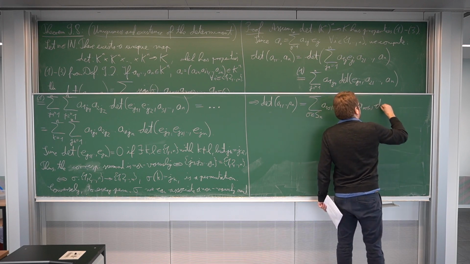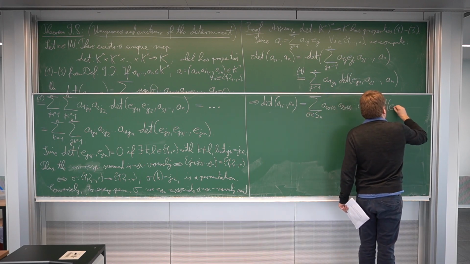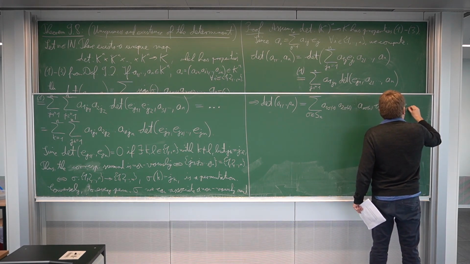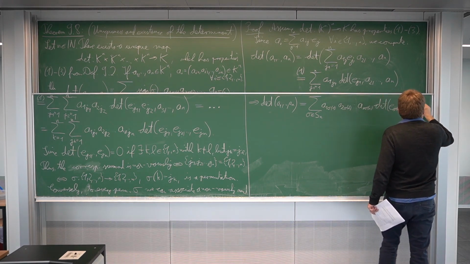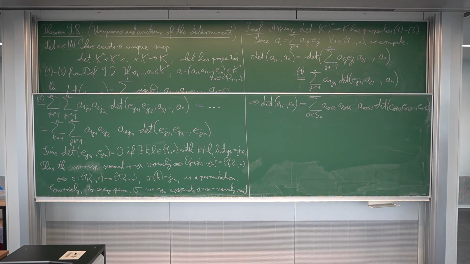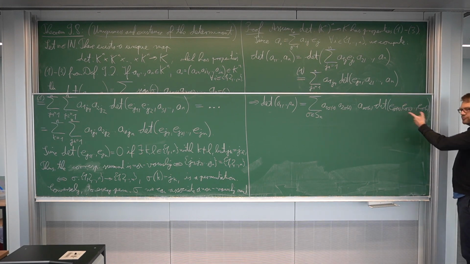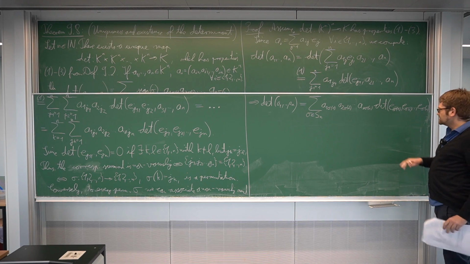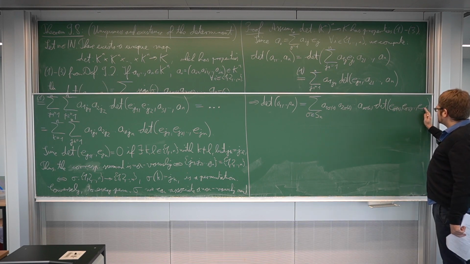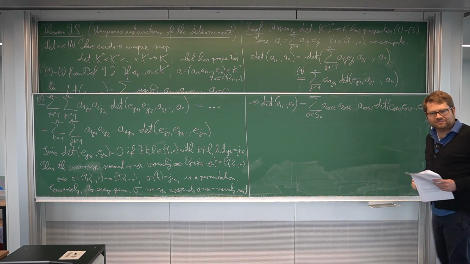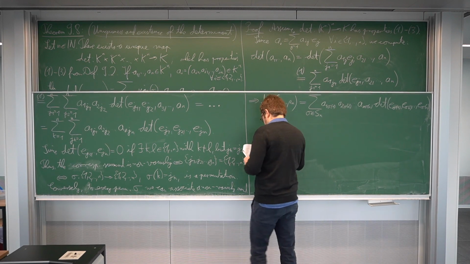And now this determinant part becomes that of e sigma of 1, e sigma of 2, and so on to e sigma of n. So this is just some reordering of the canonical basis. Every vector from the canonical basis appears precisely once in these inputs, and the order might just be messed up.